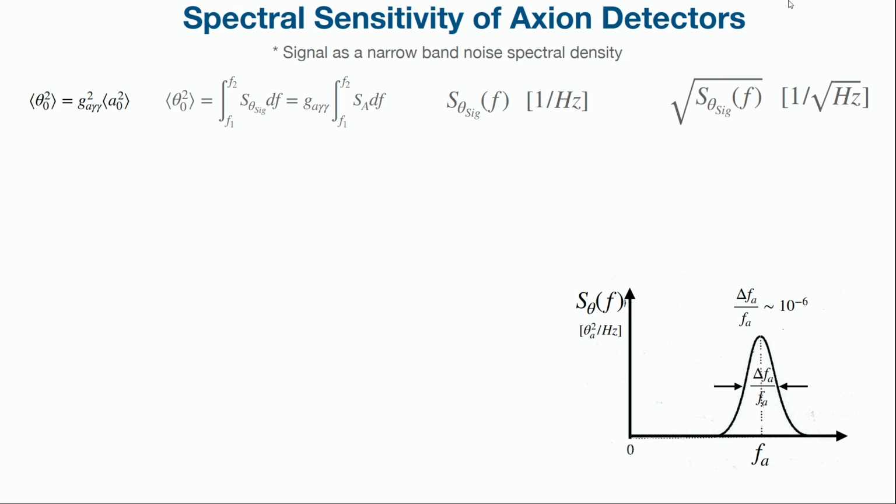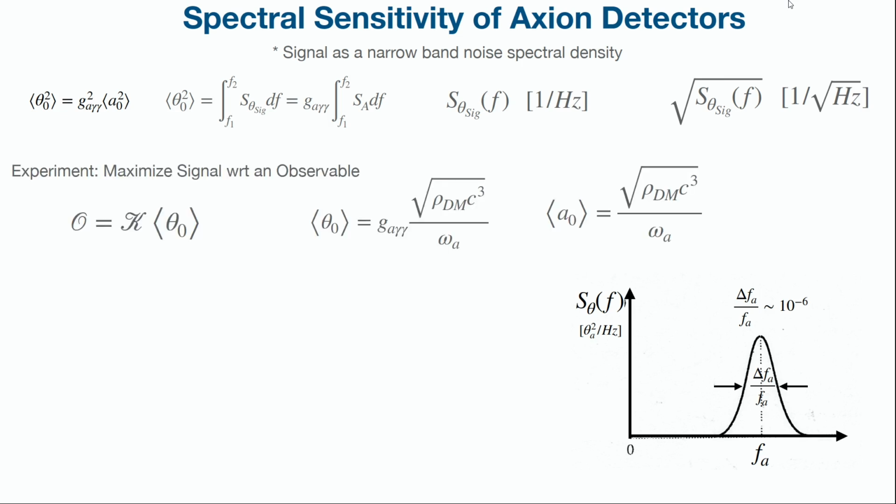So that's what I liked about it. So I went on a mission to try and do this with the help of everyone in the group, and so now we've got our usual thing. If you know axions, you know that this theta naught is related to the dark matter density around us. If this narrowband noise source is narrow, you can work out what this theta A is, but this is a field.